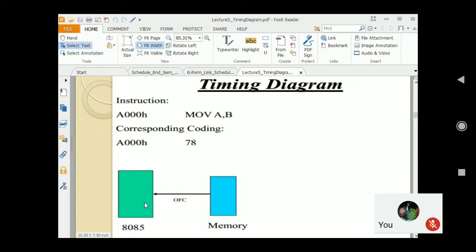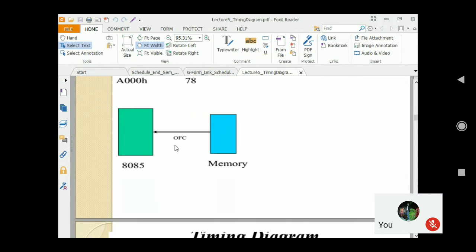Why does the arrow come inside the instruction register? Because fetching that particular opcode 78 into the instruction register is nothing but my opcode fetch cycle. So whatever instruction 78 is fetched into the instruction register in the 8085, that process is called the opcode fetch cycle, and this is very important for drawing any timing diagram. We need the opcode fetch cycle.